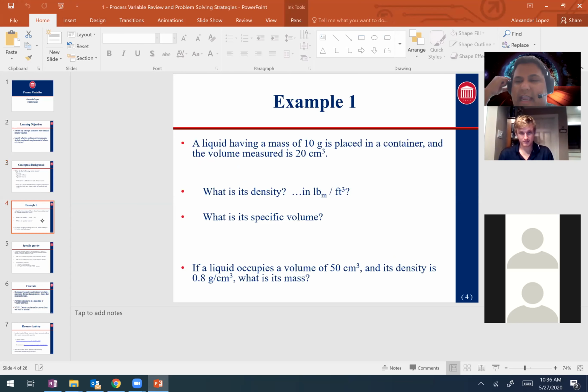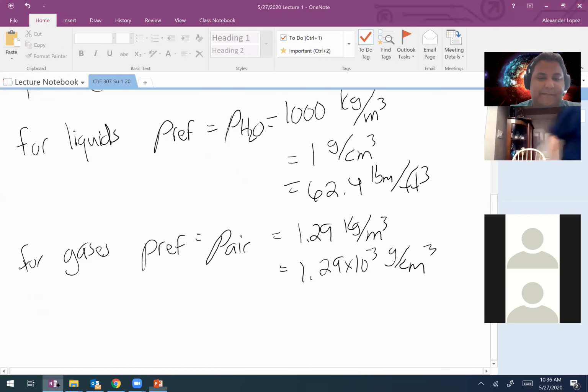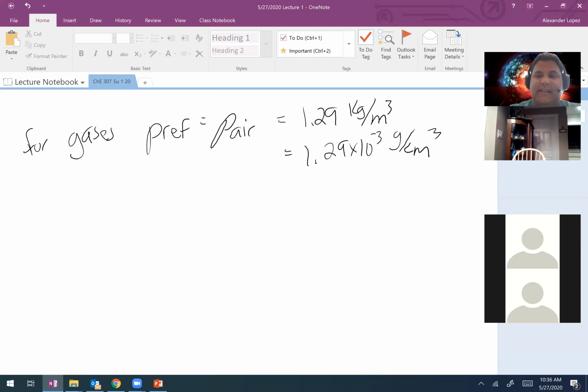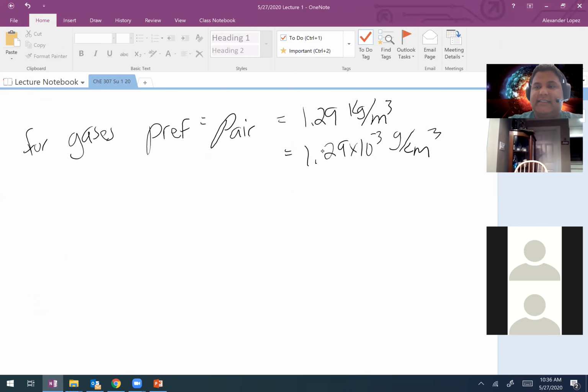So looking at a quick example, if I have a liquid with a mass of 10 grams placed in a container and a volume measured being about 20 cubic centimeters or 20 milliliters, depending on who you are, we can do a quick density calculation.